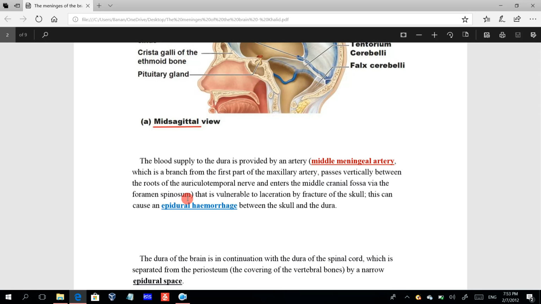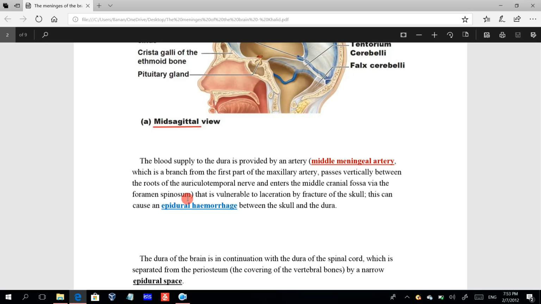and may cause bleeding between the dura mater and the skull bone, forming an epidural hemorrhage. This hemorrhage, a collection of blood between the dura and the bone of the skull, is called epidural or extradural.